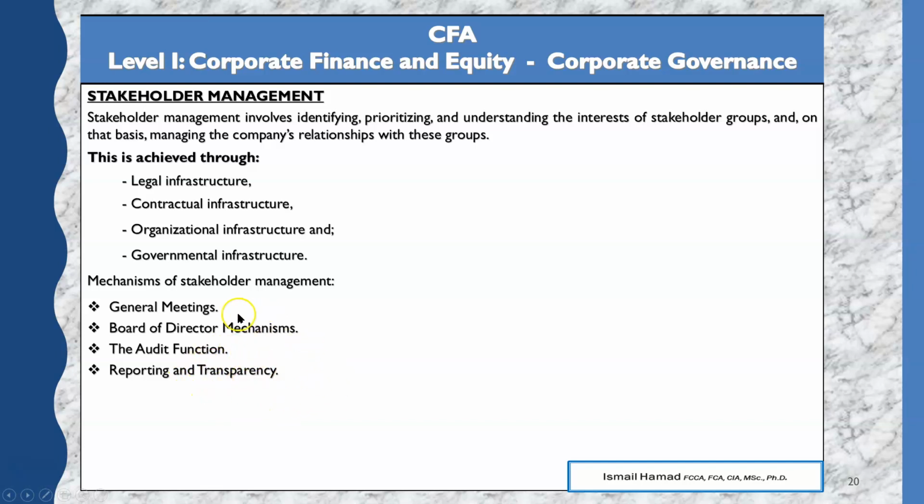We shouldn't, as managers, hide any information. We provide shareholders or prospective shareholders, those who intend to buy shares, with enough information to make their decision whether to invest in our company or, if they are already a shareholder, whether to divest or not. So all the information should be made available.